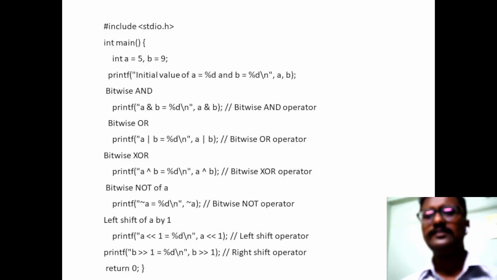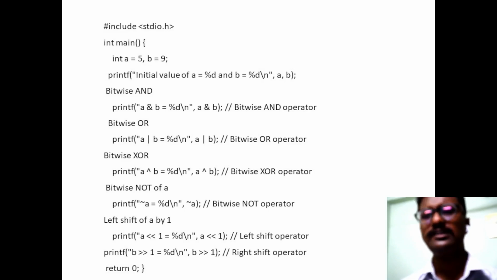Here, for the bitwise operator, it has been clearly given that if you print this value, you will get the result of the bitwise operator, and if you print this AND operator, the bitwise AND operator compares each bit of its operands. If both bits are 1, it returns the value 1, otherwise it returns 0.